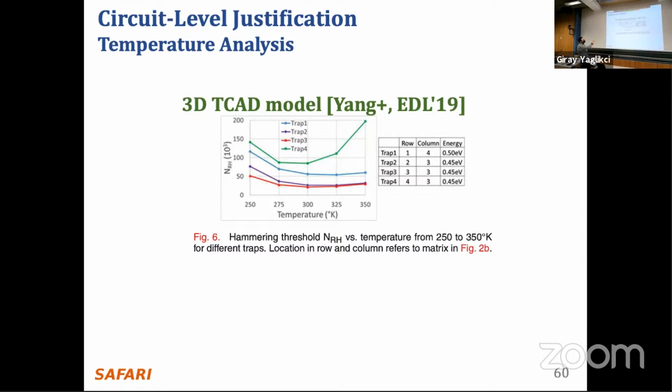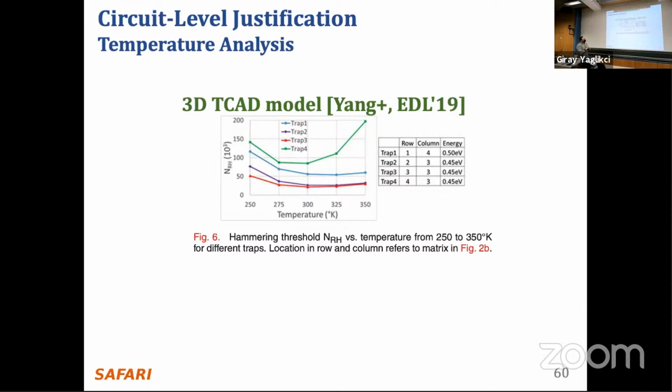If you look at 250 Kelvin here, look at the green one, for example. You need a hammer count close to 150K. And as you heat up, the hammer count decreases, meaning RowHammer vulnerability increases up to some level, and then it goes constant at some range, and then it increases again, meaning that RowHammer vulnerability decreases.